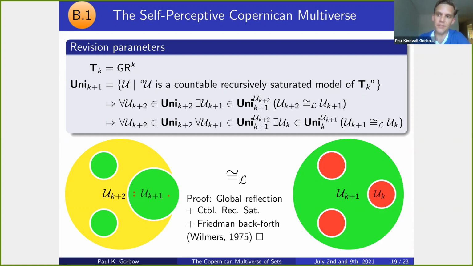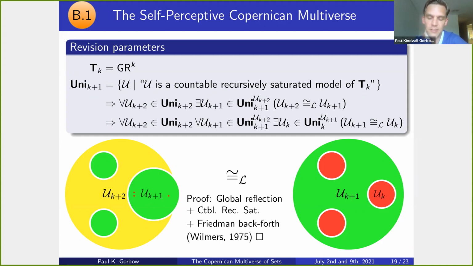And you can iterate this downwards as far as you like. The reason why these are isomorphic goes back to Friedman's back and forth technique. This is a particular version of using that technique.